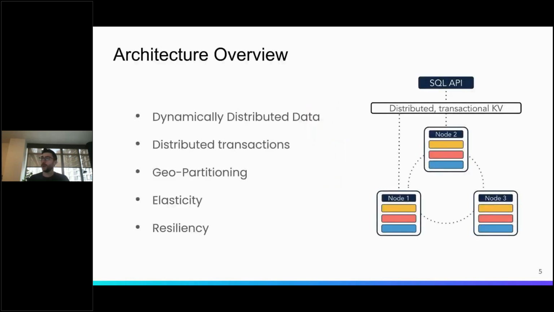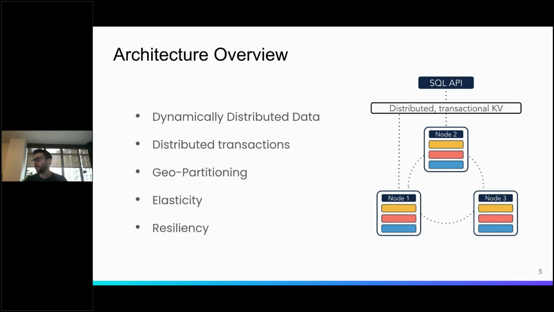Here's a quick introduction to Cockroach's architecture. Cockroach is a dynamically distributed transactional key value database with a SQL layer layered on top. The system distributes data based on application patterns and data accesses, and it then layers strongly consistent serializable transactions on top of a distributed key value store.